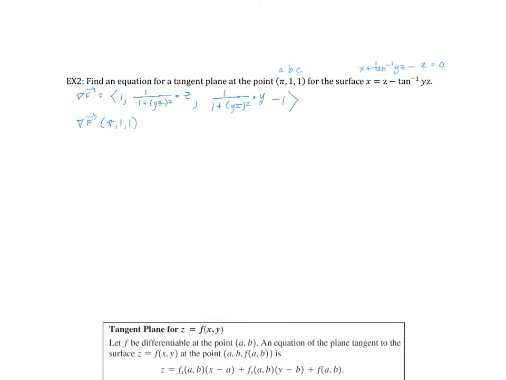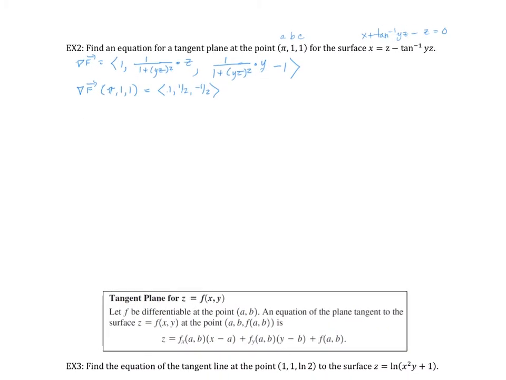Now if all I was doing was finding the gradient vector, then I would probably clean that up. This would be 1, 1/2, negative 1/2. I have my gradient vector, I have my point pi, 1, 1.